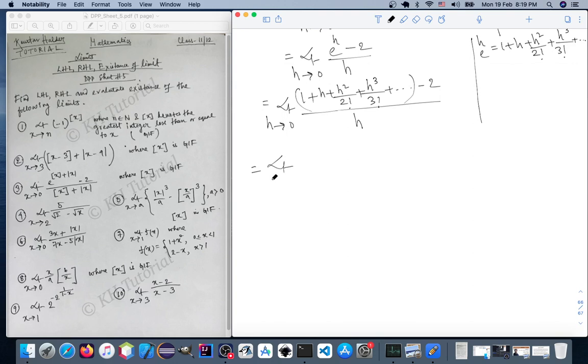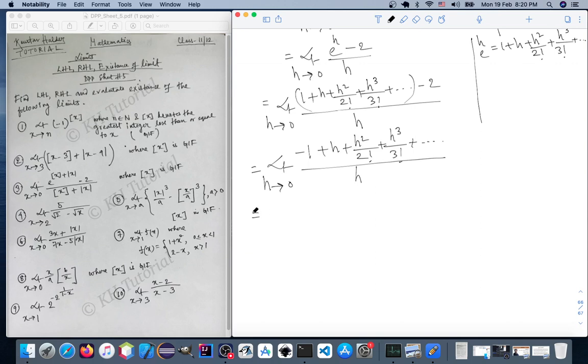This equals the limit h tends to 0 of (1 minus 2 becomes minus 1, plus h plus h squared by 2 factorial plus h cubed by 3 factorial and so on) divided by h.